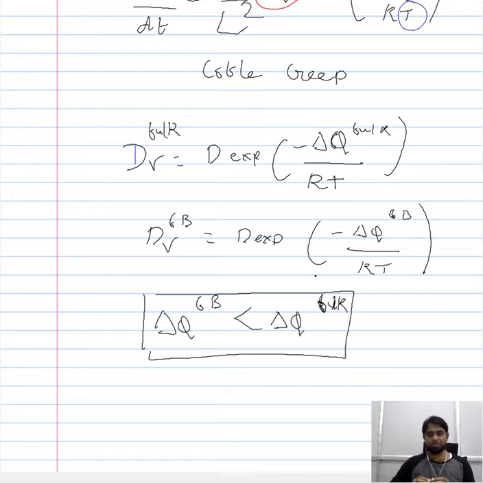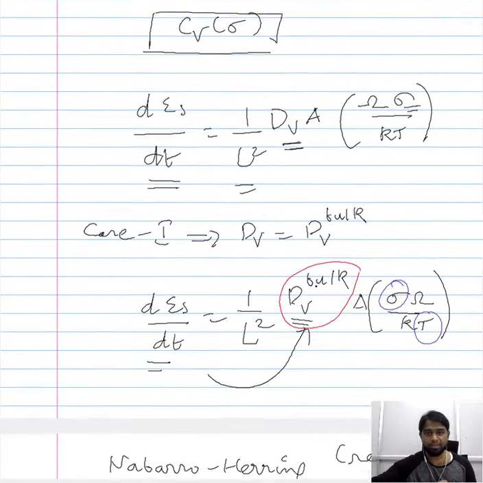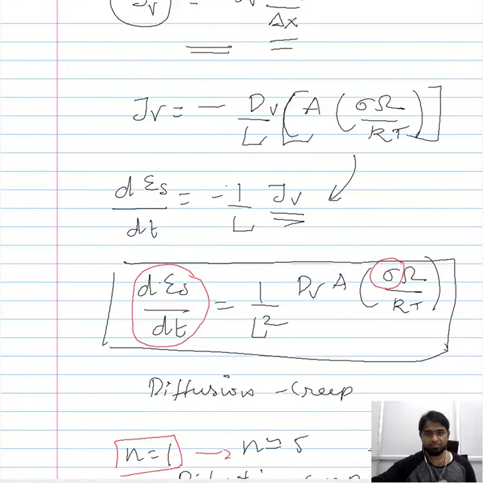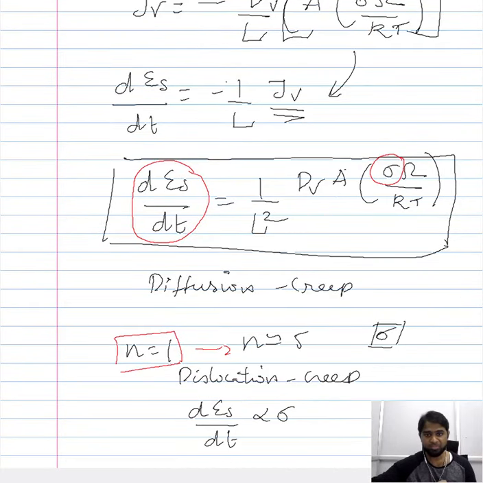This difference brings about a gradient in the vacancy concentration. Once you have the gradient, according to Fick's first law, you have a flux of vacancies, and you can relate this flux of vacancies to the creep rate that we observe. Once you relate that, you will get an expression that depends on the diffusivity of vacancies.